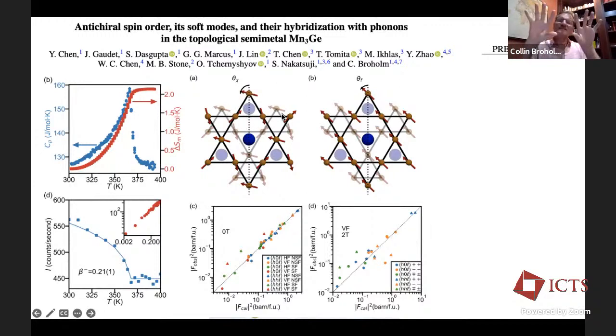But there are actually two components to this irreducible representation. It can both support a coplanar antiferromagnetic state, as indicated here, as well as a ferromagnetic component. So actually, the basis vectors support both of those things.